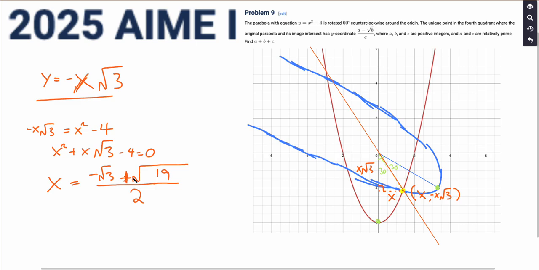Then we multiply this by negative root 3 to get our y value, since it lies on this line, negative x root 3. So if we multiply this by negative root 3, we're going to get 3 minus root 57 over 2. And that is in the format a minus root b over c. We can add this up, and 3 plus 57 plus 2 gives us a total answer of 62.